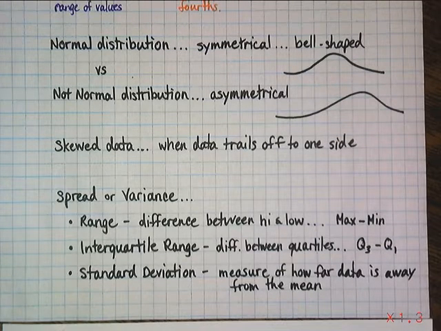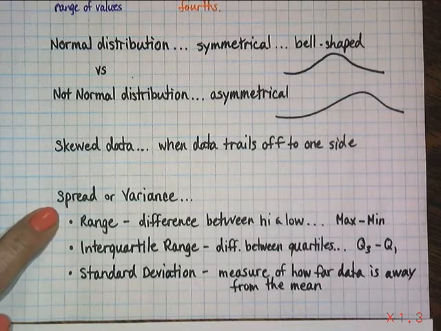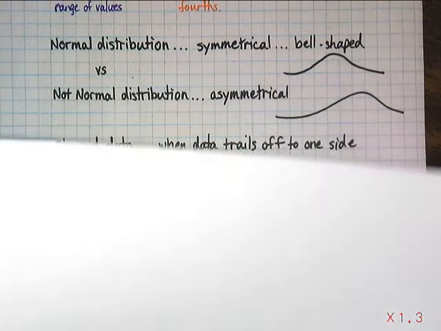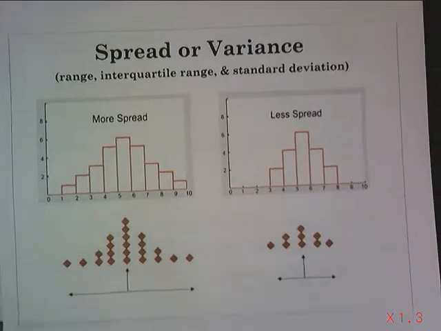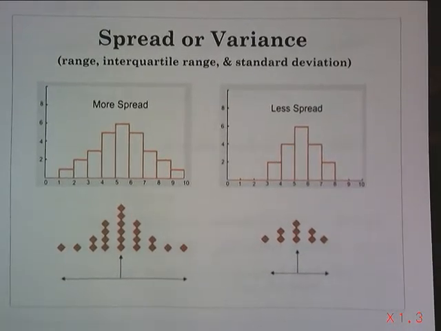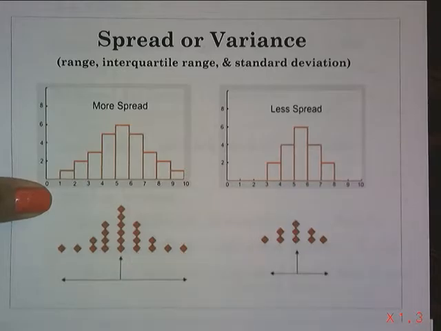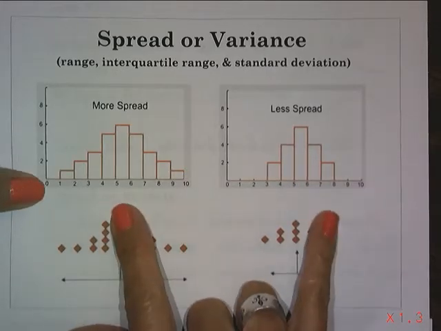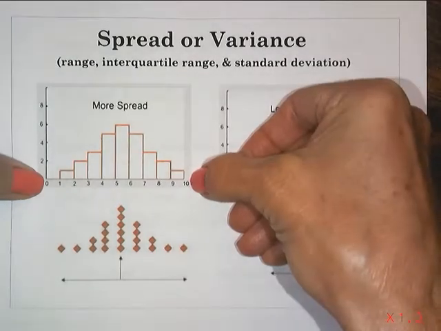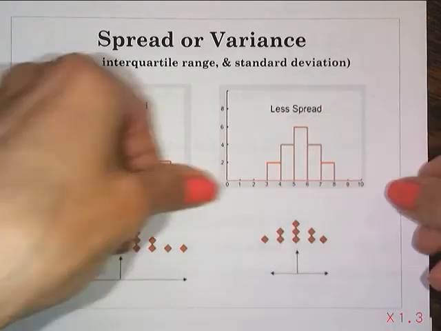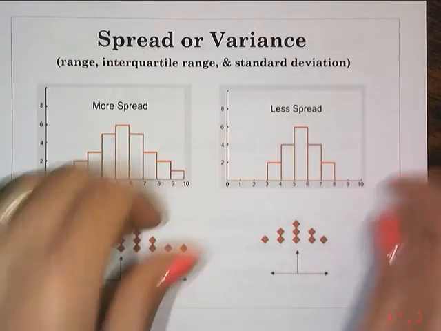Let me show you a little bit what I'm talking about with respect to spread or variance. Then I'll speak again about standard deviation. So when we look at these images, do you see how I've got two histograms side by side? I want you to pay attention to something. This histogram has an x-axis that goes from 0 to 10. This x-axis goes from 0 to 10 as well.